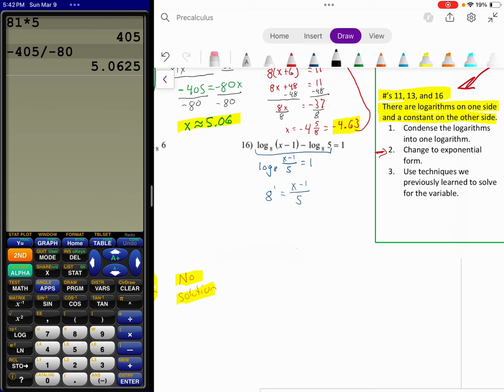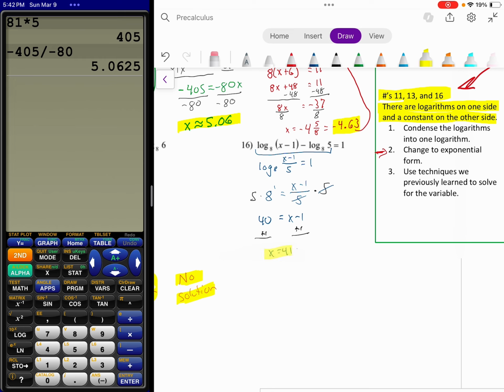And it is a little easier to solve because it's not a variable in the denominator, it's just a 5, so we multiply both sides by 5. 8 times 5 is 40, equals x minus 1. Those canceled, and add 1 to both sides. And we get x equals 41.